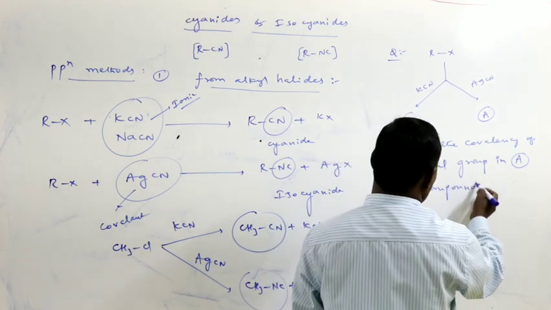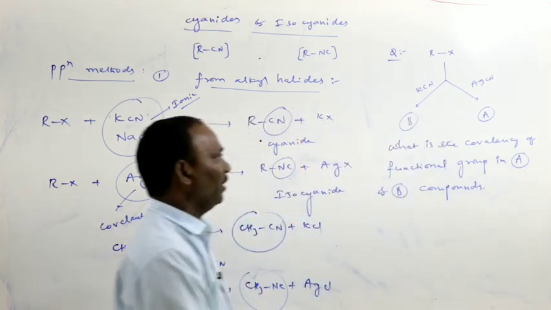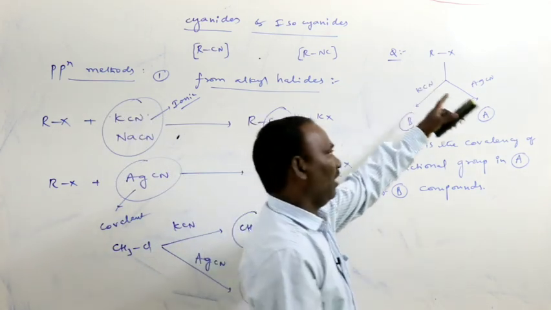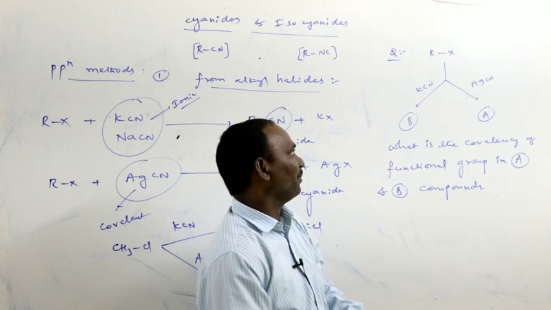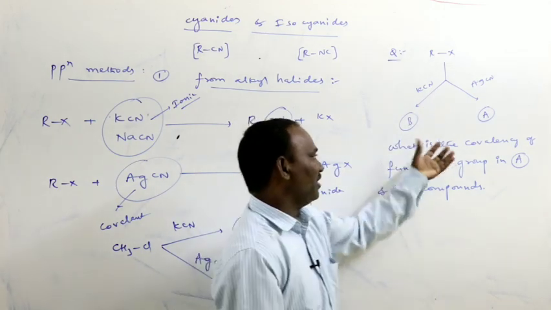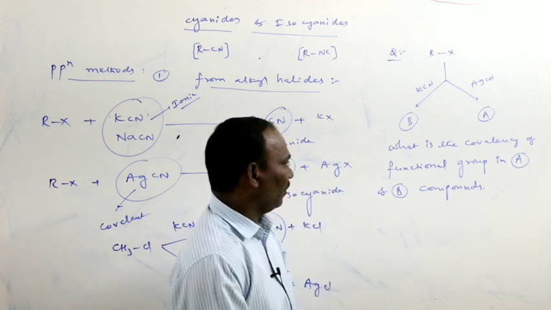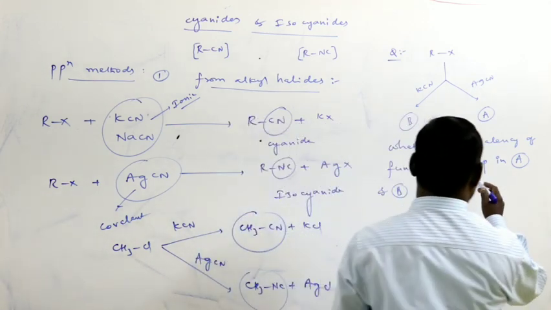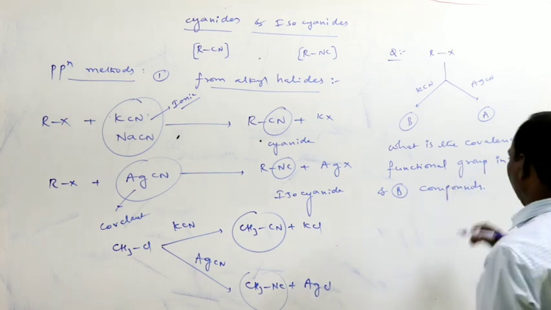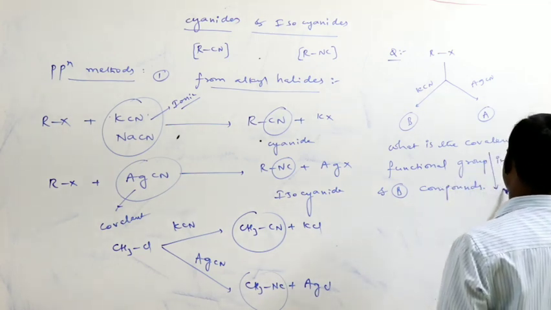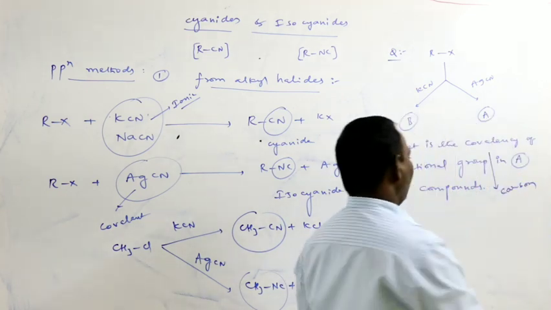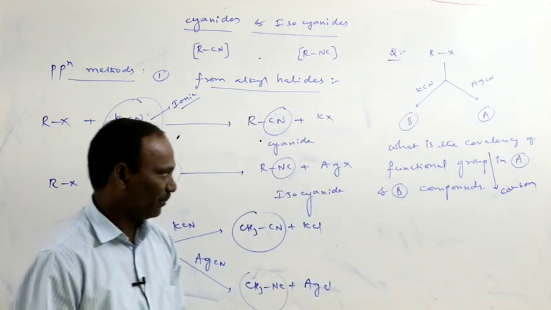When alkyl halide reacts with KCN, NaCN or AgCN, A and B compounds are obtained. In these A and B compounds, what is the covalency of the functional group carbon?